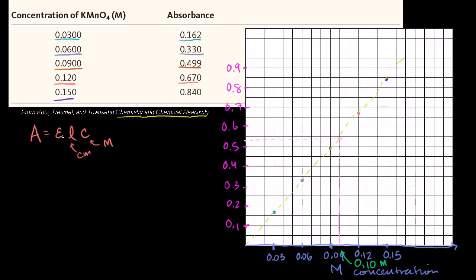So we can figure out, actually just based on one of these data points, because we know that at zero concentration, the absorbance is going to be 0. So that's our other one. We can figure out what exactly this constant is right here.